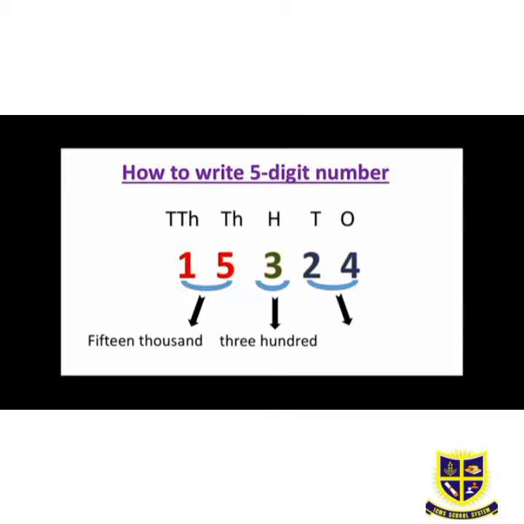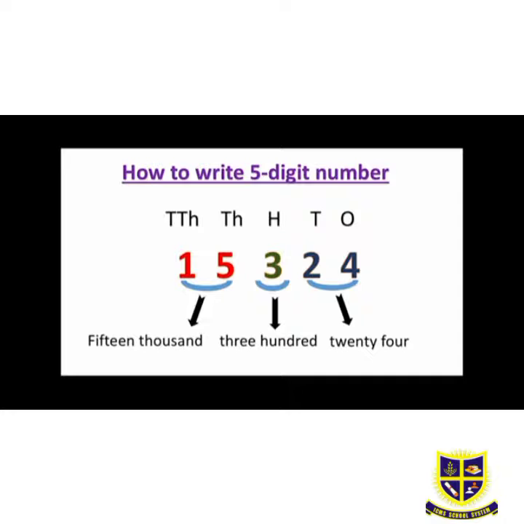Then I can take the hundreds place. There is 3 in the hundreds place, so 300. And the last part of the number name comes from these 2 tens and ones digits taken together. 2 and 4 taken together gives us 24.